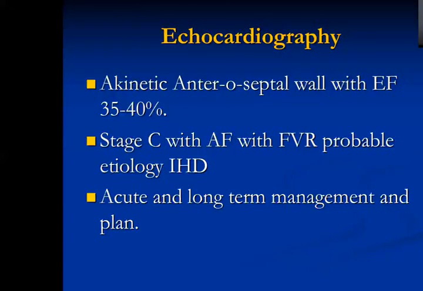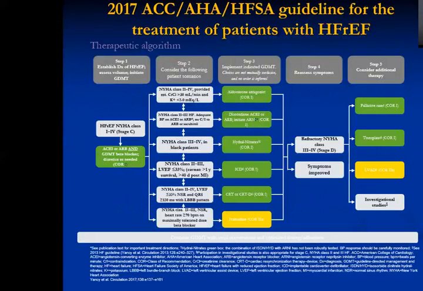And let's come to chronic long-term management according to this chart. Now, step one, look very carefully. This chart will summarize the total treatment or management strategy we offer to a heart failure patient.